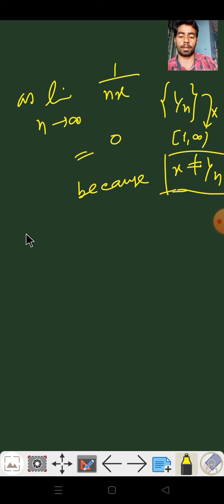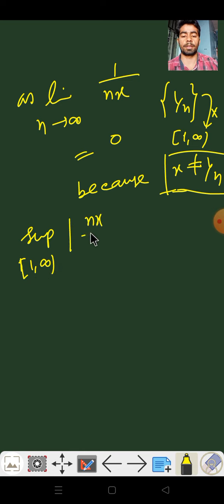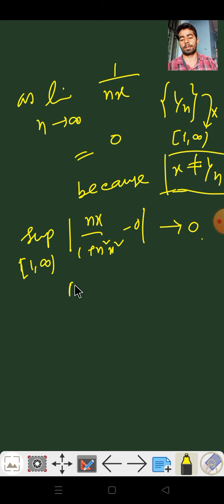Hence we can say that the supremum over closed interval 1 to infinity of mod nx divided by 1 plus n square x square minus 0 will tend to 0. That is our Mn, which tends to 0.